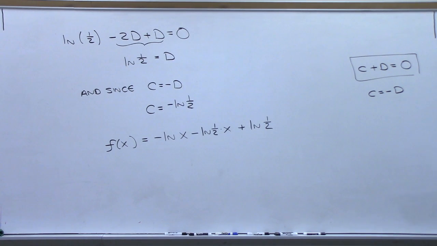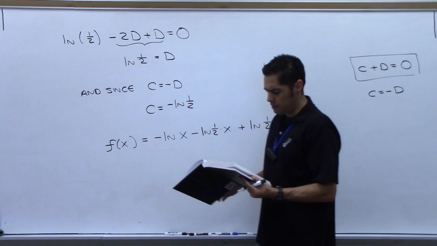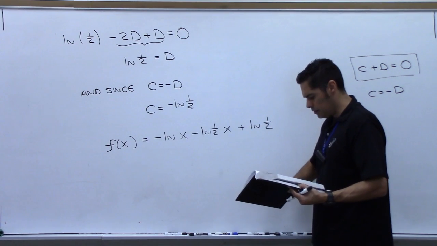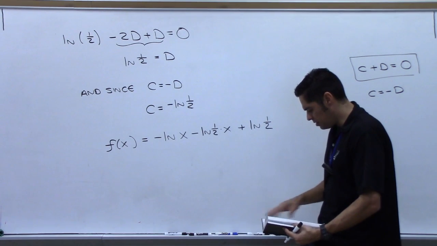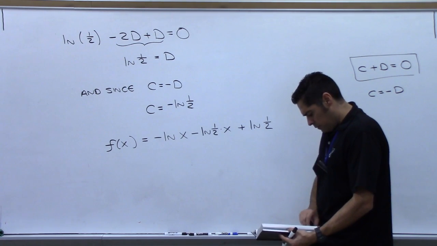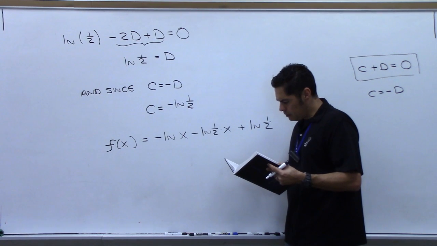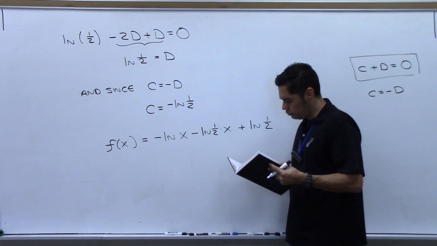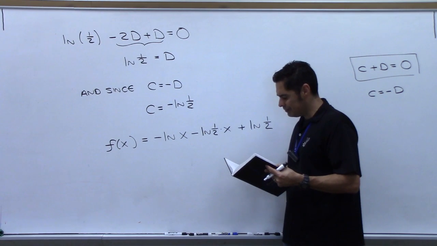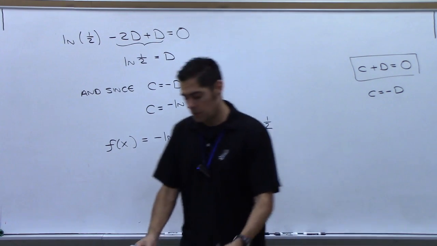Does that match what they have in the back? See if they simplified or did anything different. The answers to the odd are in the back, right? Yep. Number 33. They have ln of 2. So how'd they do that?